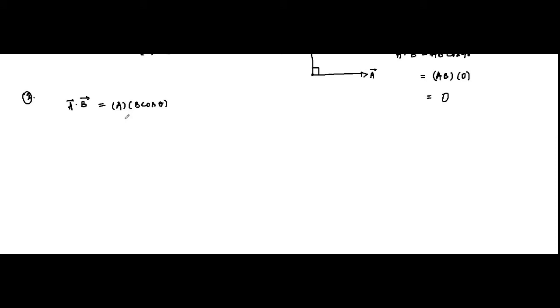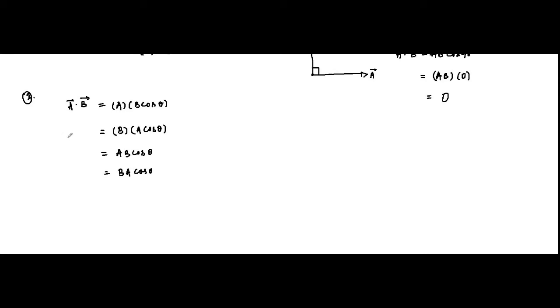We can write it as A multiplied with B cos theta, which is the first vector A vector magnitude multiplied with the scalar projection of the second vector, that is B vector, along the direction of A, which is B cos theta. Or it can be written as B, considering it the first vector, and then the scalar projection of A vector along the direction of B vector. So both ways it is the same. We can write it as AB cos theta. It is also same as BA cos theta.